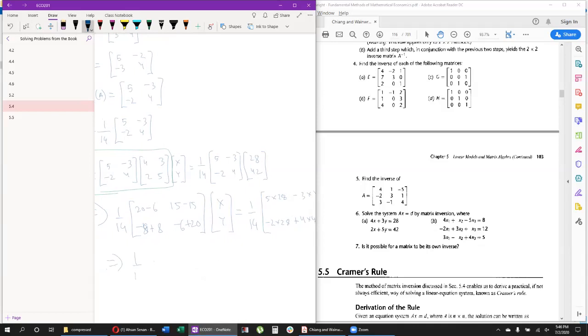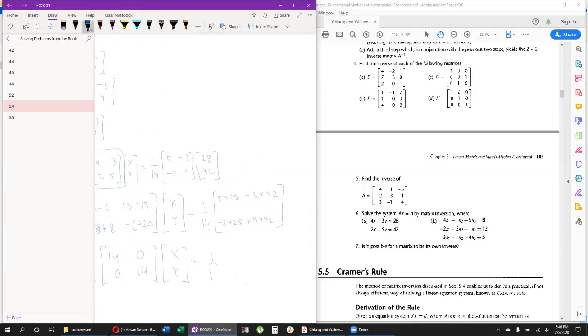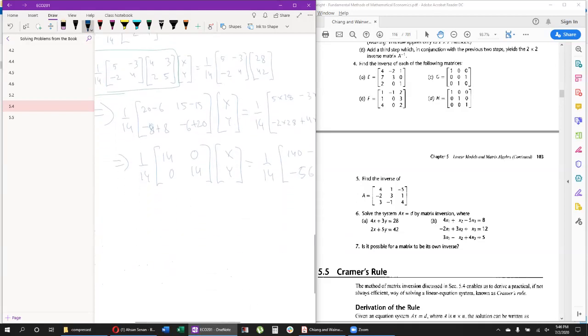What do we have here? 1 by 14, 14, 0, 0, 14, x, y equals to, we have here 5 times 28 is 140 minus 42 times 3. So this is minus 56 plus 168. I hope my calculations are correct.